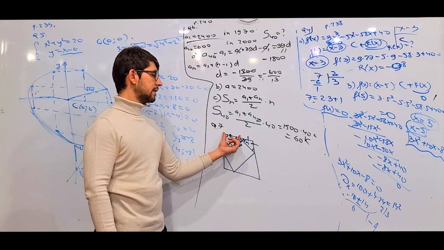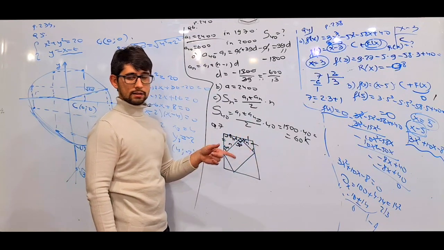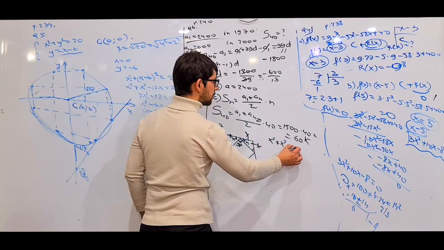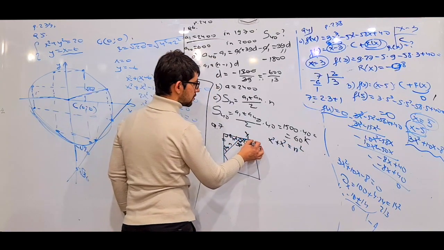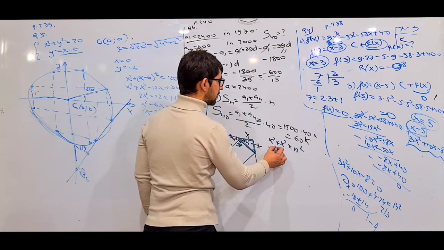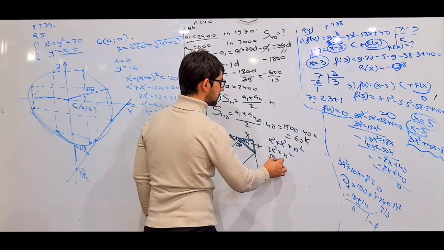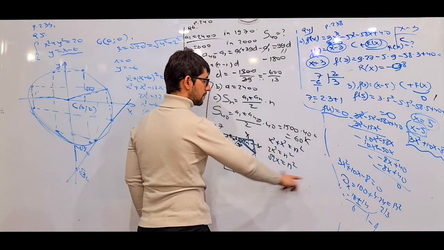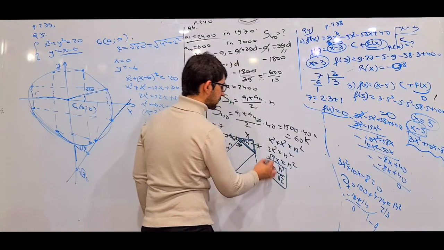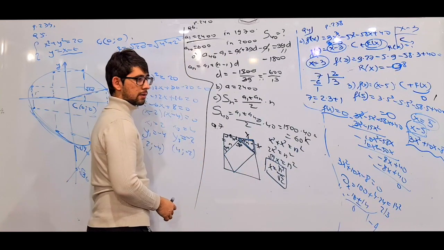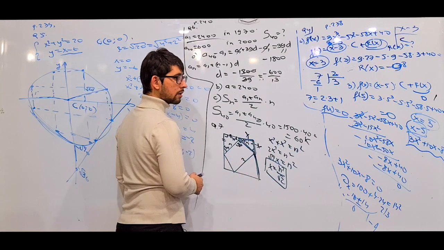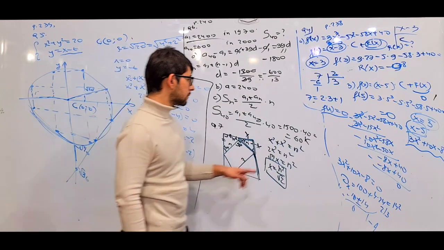Using the Pythagorean theorem, x squared plus x squared equals n squared. 2x squared equals n squared. To find x, you have to divide by the square root of 2. This is your x, just this small line segment. You have to find this small line segment right now.